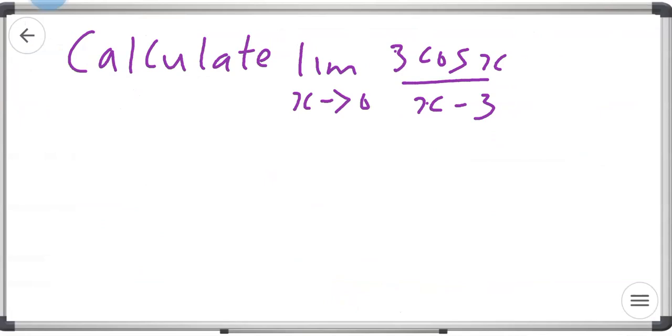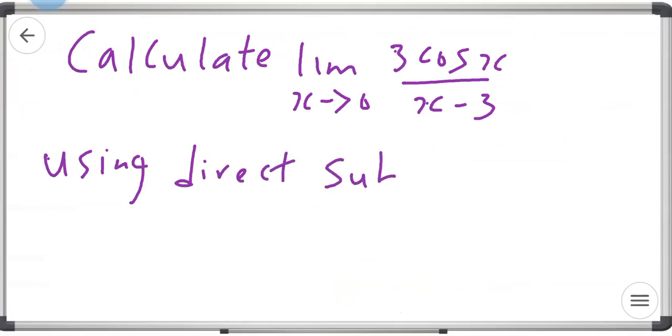So solution: let's use direct substitution. Using direct substitution, take note x tends to 0.